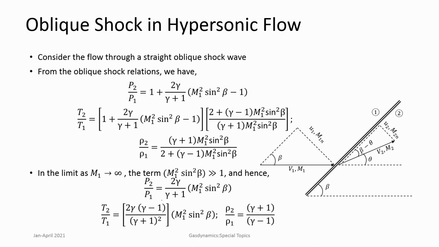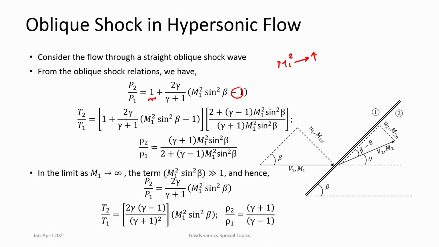So, when M1 squared goes very high, then the term 1 has very little significance. So you can consider this to be 2 gamma by gamma plus 1 M1 squared sin squared beta. Even this one is very small. So you can produce a simplification of this kind, 2 gamma by gamma plus 1 M1 squared sin squared beta.